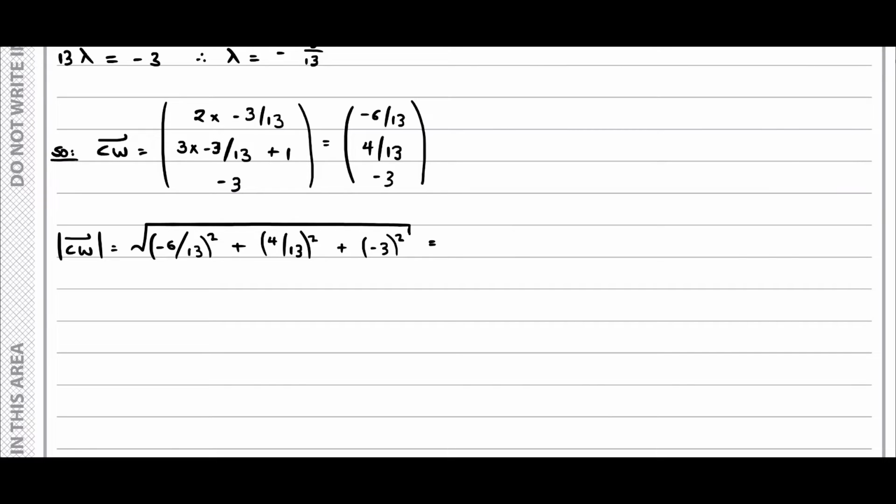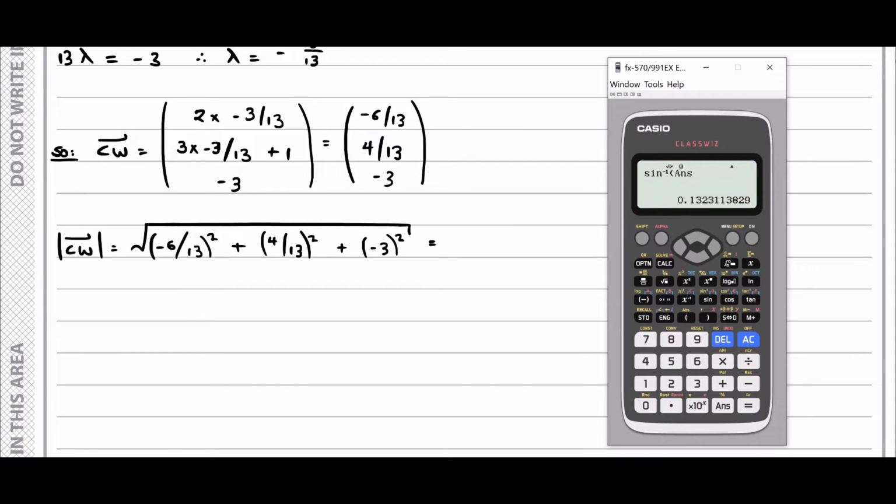So if we work this out, we have the square root of minus 6 over 13 squared plus 4 over 13 squared plus minus 3 squared. We get a value of 11 root 13 over 3, which is 3.05 meters.